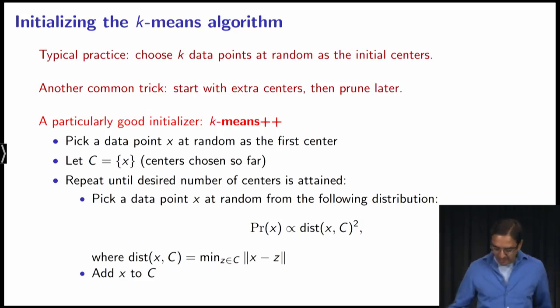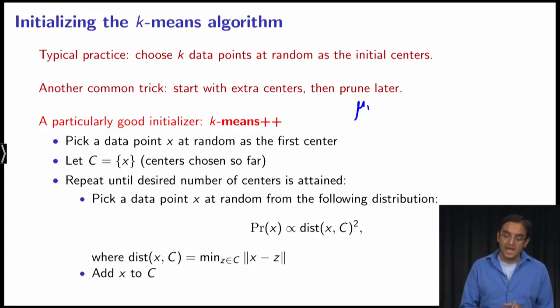So what happens over here is that the initial centers, mu1 through mu k, are picked one at a time. Okay, so first we pick mu1 by just picking a random data point. We have n data points, we pick one of them at random, that's mu1. That's our first center. Now we have to pick the second center. Again we pick it at random, but this time we favor points that are far away from mu1.